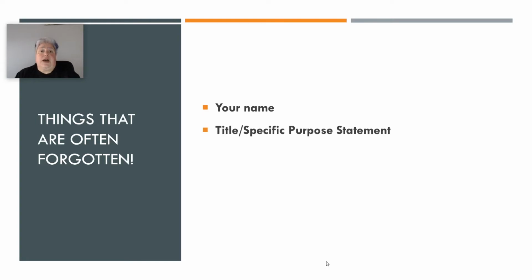Next is the title and the specific purpose statement, which will be underneath the title of your presentation. The specific purpose statement, again, is one sentence that helps explain to yourself what you're doing. It's not something you're going to say out loud, it's just so that you know what your job is.